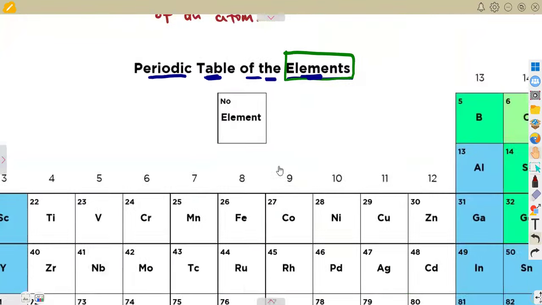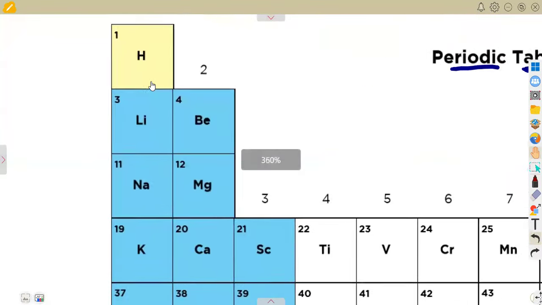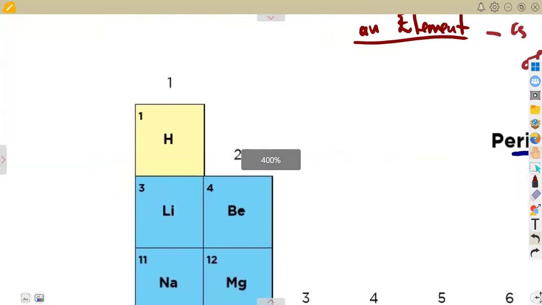From the first one on your top left corner. This periodic table classifies all the elements on Earth.